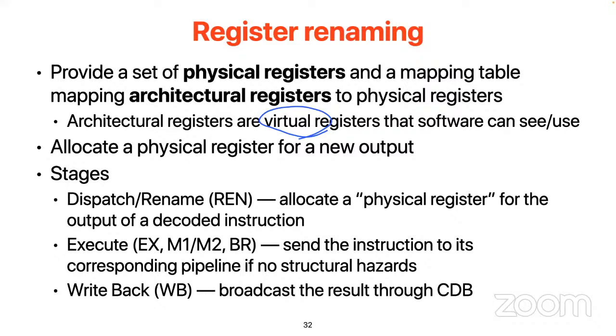And whenever there is a new output, we use a new physical register to store it. And in this pipeline, we will have a new stage called the renaming stage, which allocates a physical register for the output of a decoded instruction.